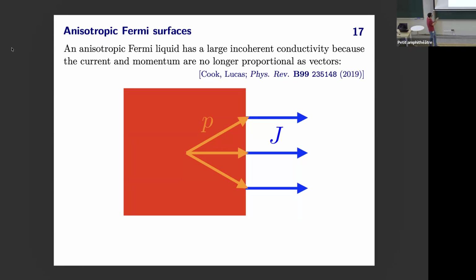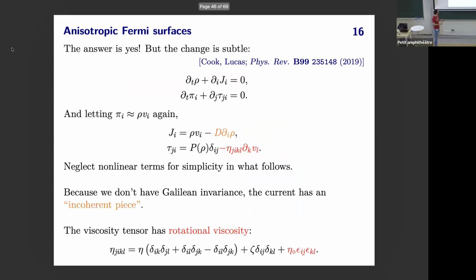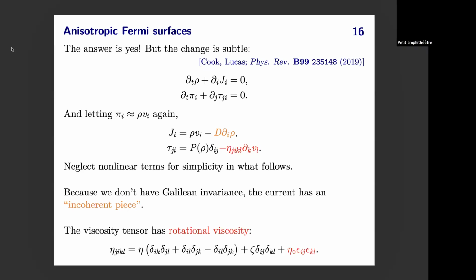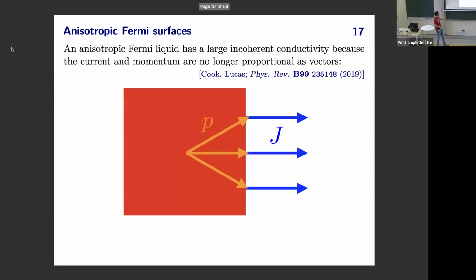We see that the momentum is changing as I move along this flattish Fermi surface, but the velocity is not. It's just a moral cartoon, but there's no reason to expect the current and momentum to be locked together. And indeed, the hydrodynamic consequence of that is the so-called incoherent conductivity. This effect could in principle be very large, even in regular Fermi liquids, although it's unfortunately quite hard to observe experimentally.